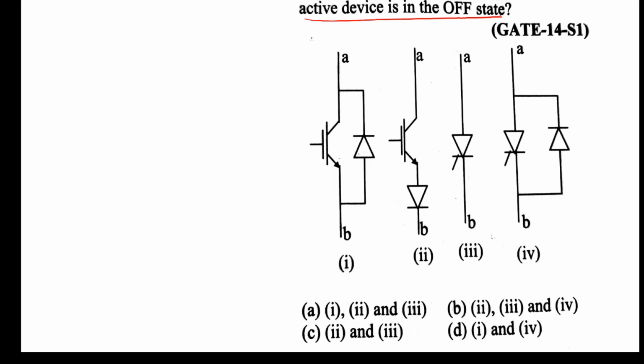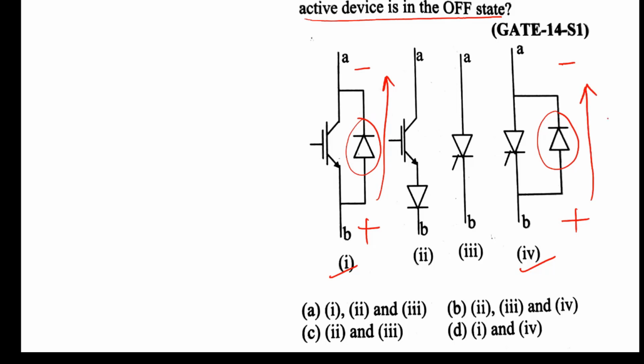First of all, you need to see 1 and 4 both are having an anti-parallel diode. So whenever an anti-parallel diode is there, it will not block this voltage, because whenever this voltage is applied upon the switch, this diode will turn on and start conducting.